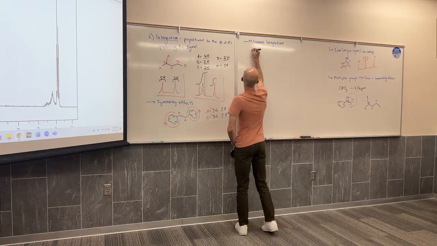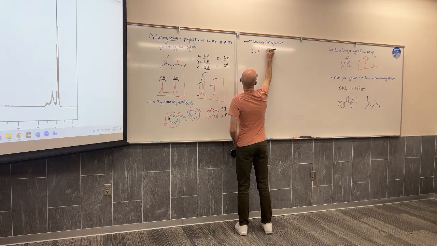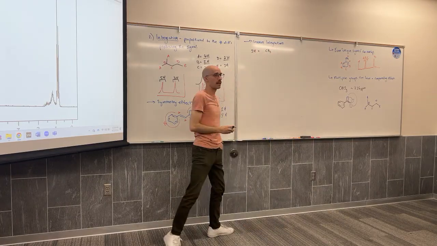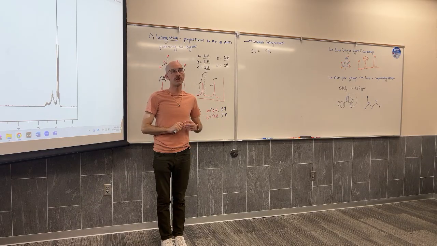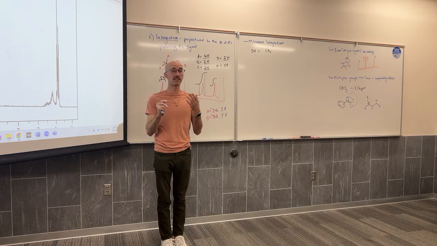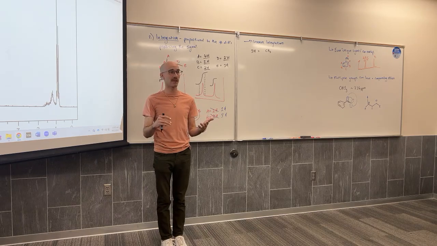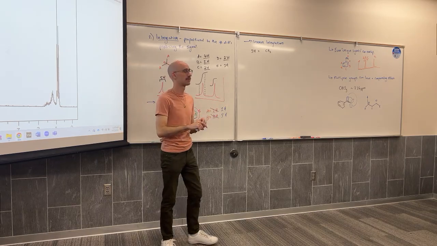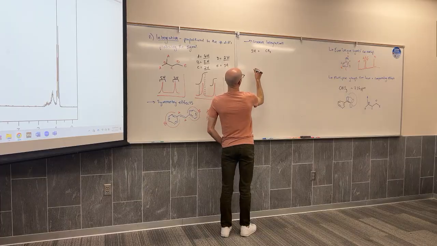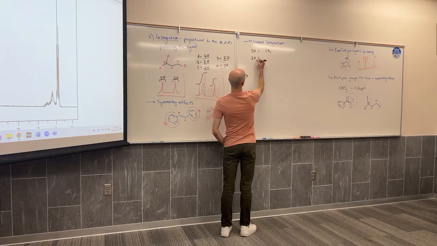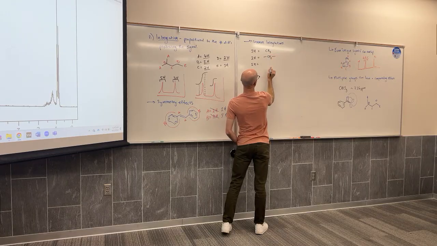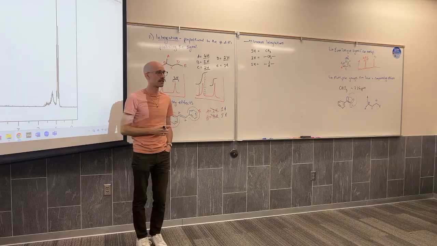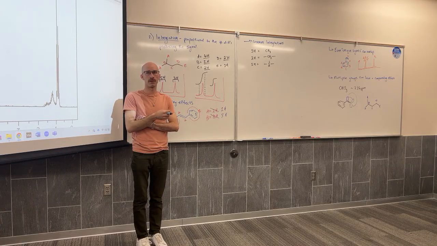But when you see an integration of 3H, you can often think of it being produced by a methyl group. Where do you find 3 hydrogens that are all in the same chemical environment producing the same signal? A methyl group. Similarly, when we look at 2H and 1H, 2H we can often think of as a methylene group, and 1H often a methine group.